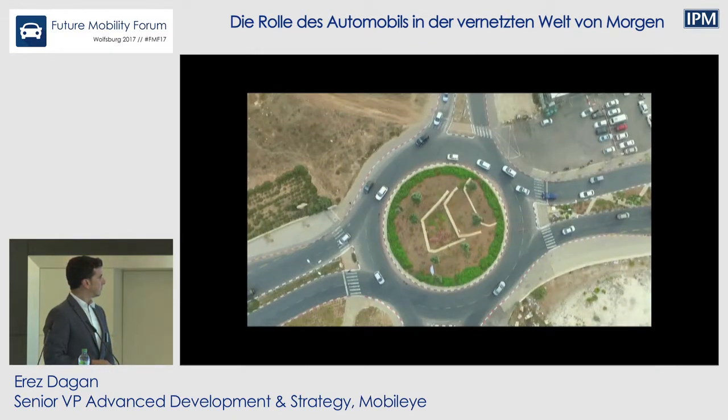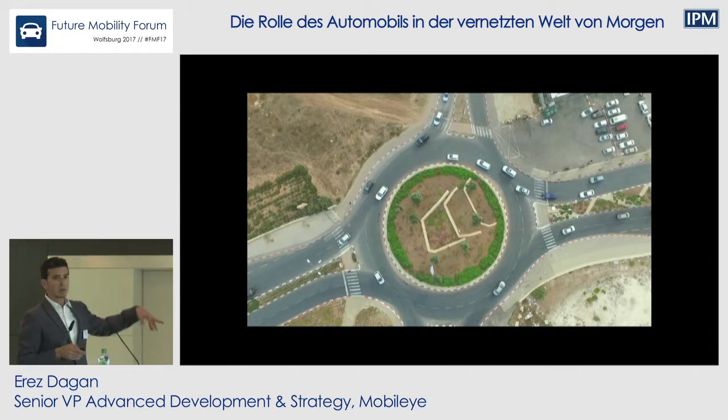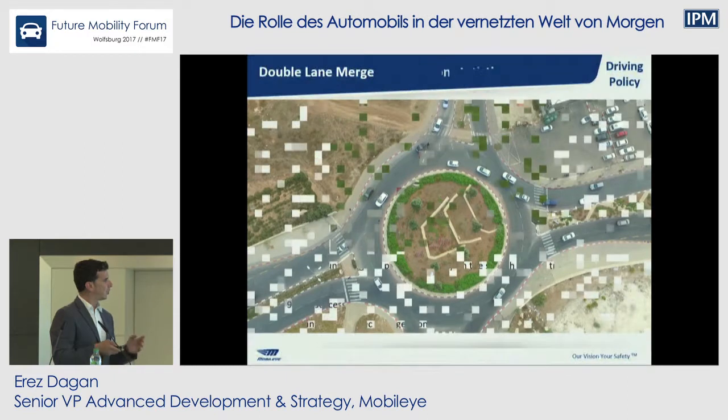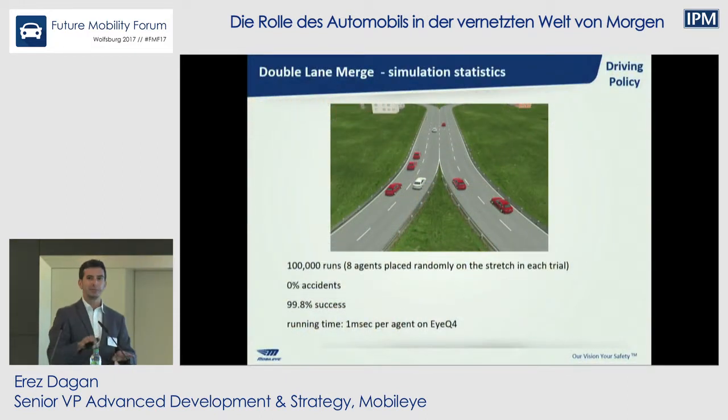The video doesn't work, but it makes the point here. The roundabouts are a very, very great invention, one of the biggest inventions, I think, in transportation in a few years. But they avoid these very dangerous situations of head-on or side crashes, but they really drain it down to the problem of double lane merge.